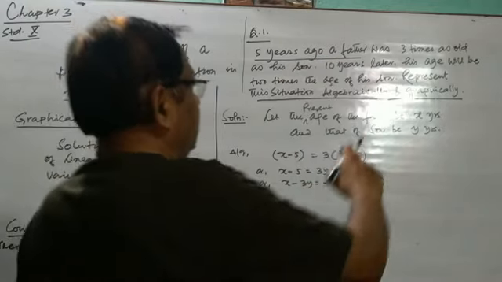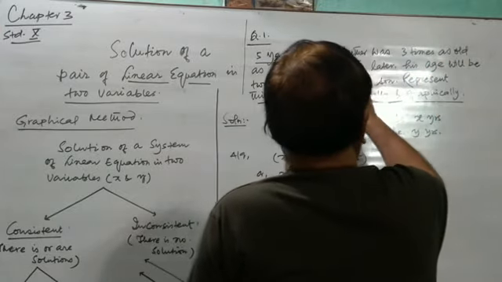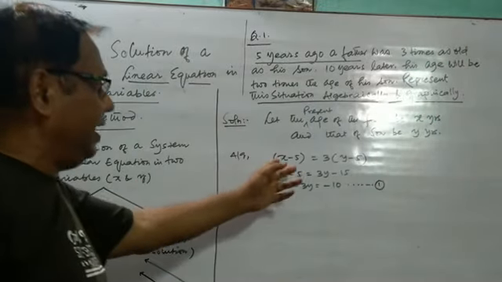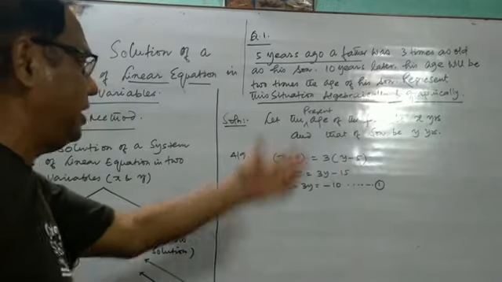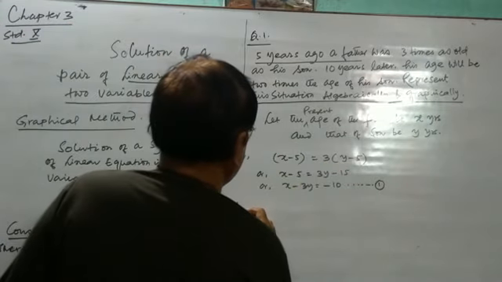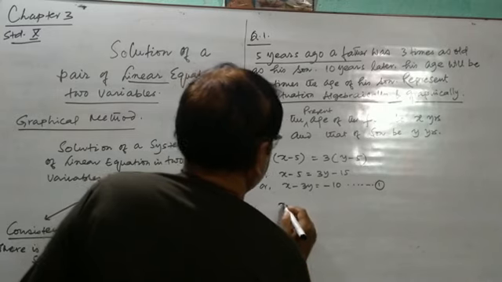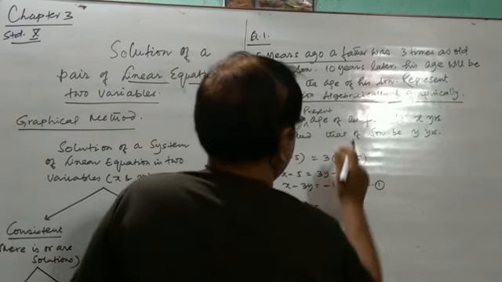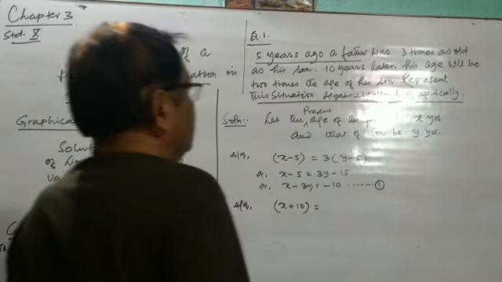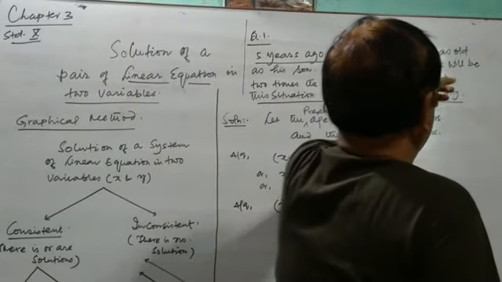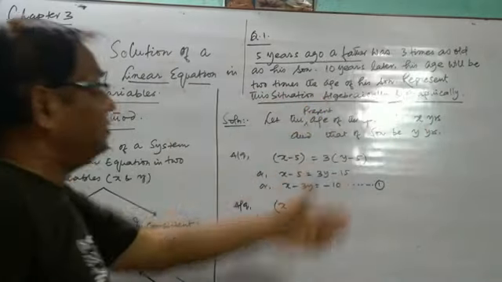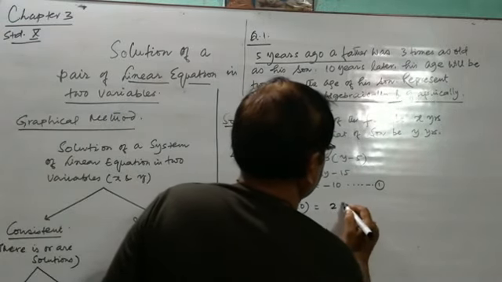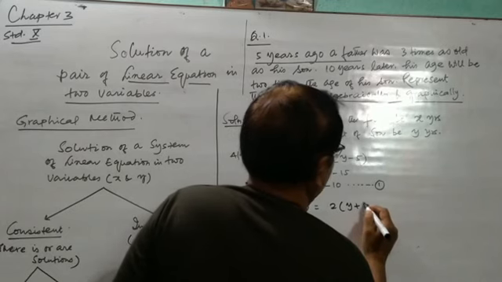Now the second phrase, 10 years later. Today their ages are X years and Y years. 10 years later, the father will be X plus 10 years, and the question says 10 years later his age will be 2 times the age of his son.